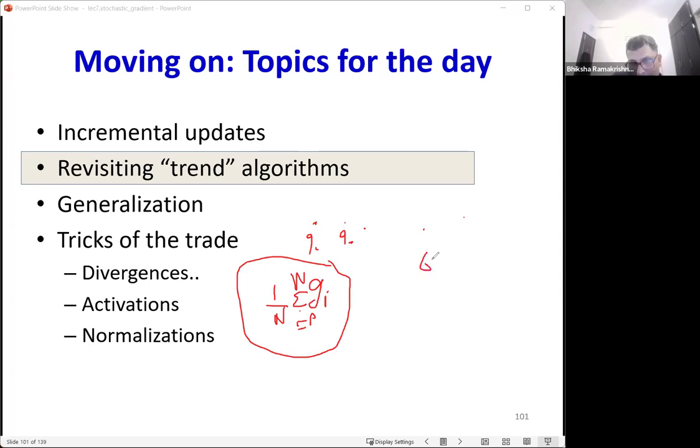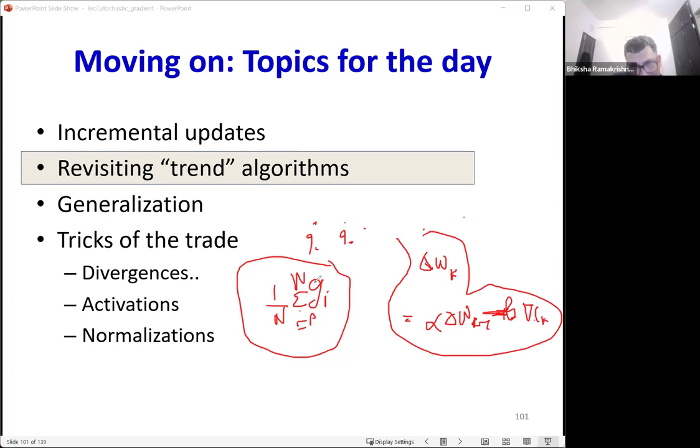You can say delta W at the kth step is going to be some alpha times delta W at the k minus 1th step, minus some beta times the kth gradient, because you're going against the gradient. So this is your running average formula.